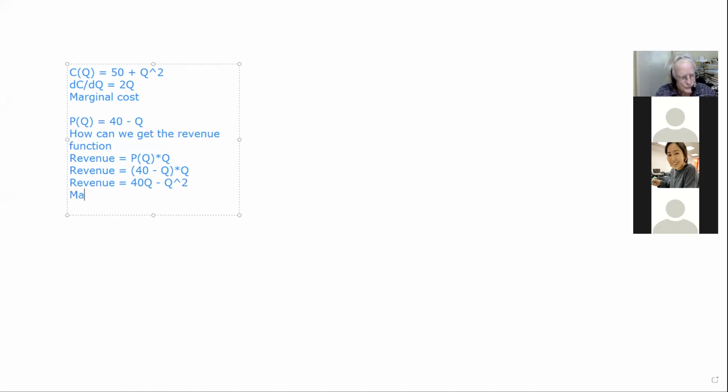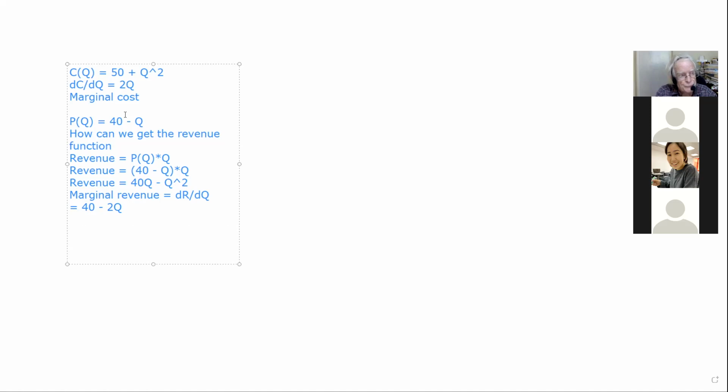So now marginal revenue turns out to be rather easy to derive, as you suggest, as the derivative of total revenue relative to output, or 40 minus 2Q. And now we can take a look at Nervi's solution.